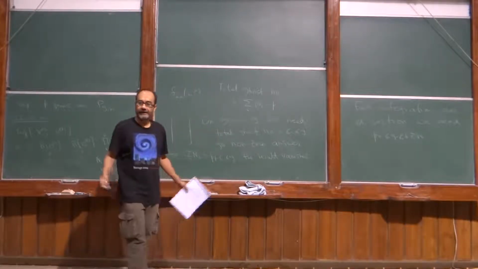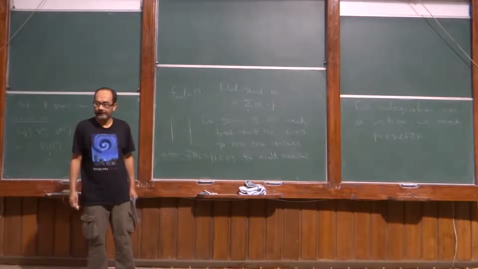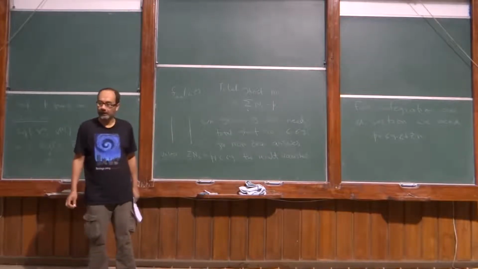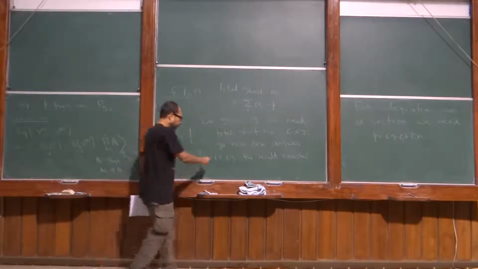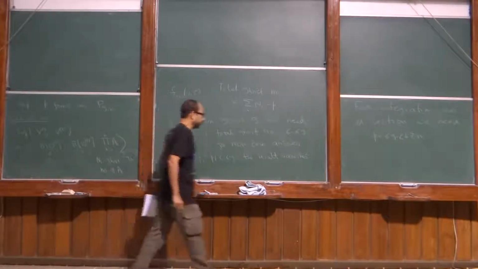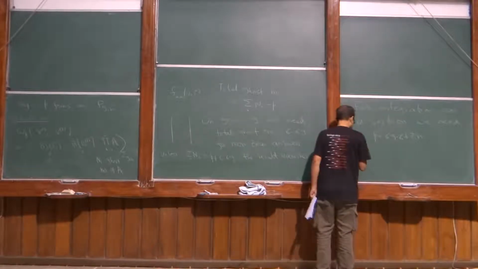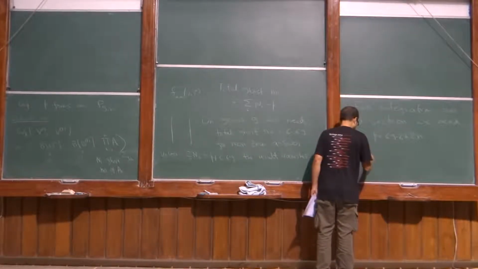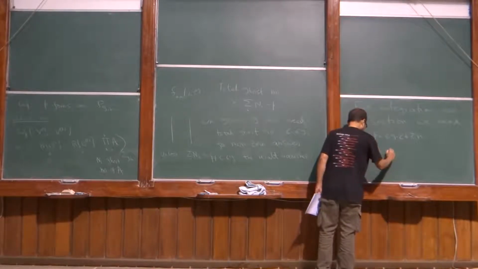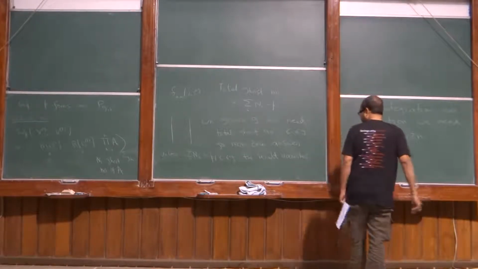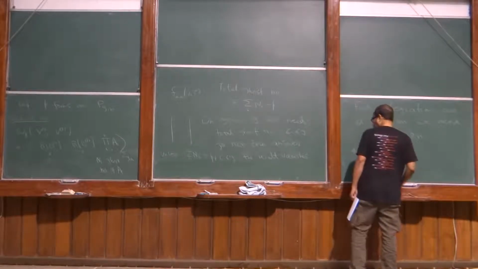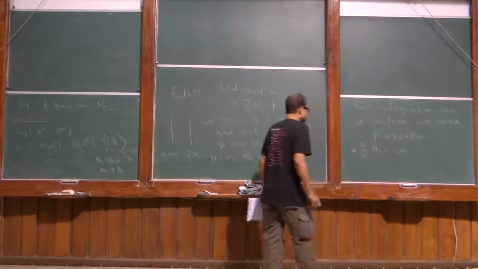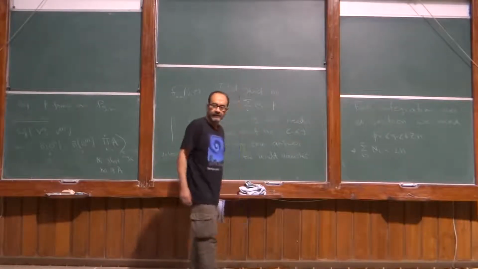So if you are trying to integrate omega over a section, you need a 6g minus 6 plus 2n form. So if you put P equal to 6g minus 6 plus 2n, you see that we have the sum over i equal to 1 to n of N_i equal to 2n, because the 6 minus 6g factor cancels, and you get 2n.